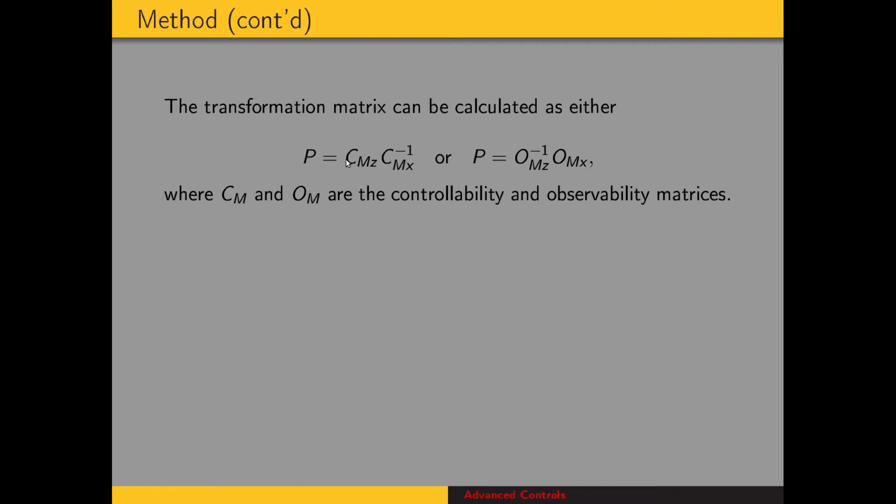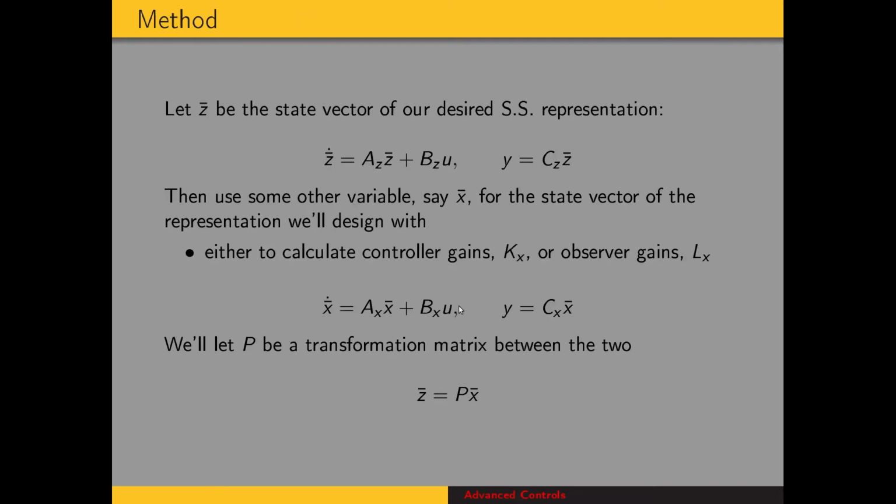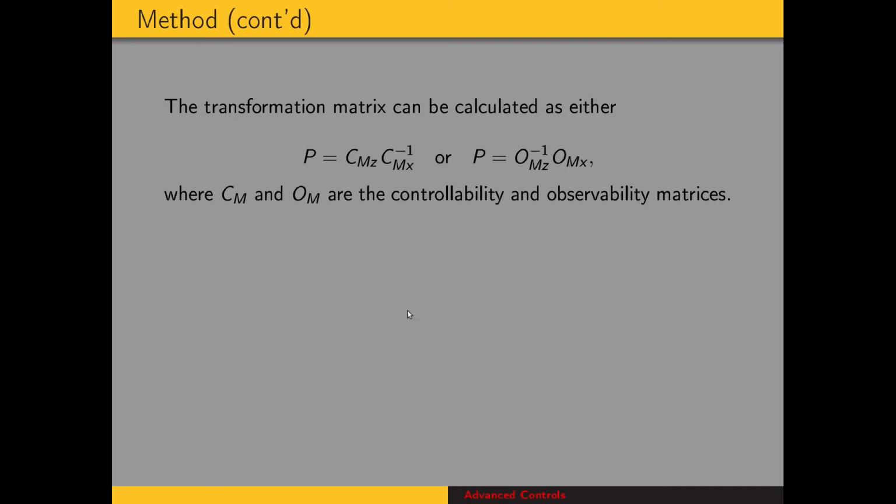So if we're using the controllability matrices, we would have C sub mz, that's the controllability matrix for the representation with the state vector z bar, times the inverse of C sub mx, which is a controllability matrix calculated from this state space representation. And you can also calculate P with the observability matrices.